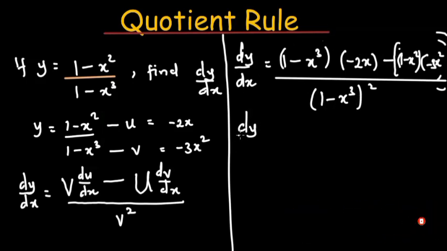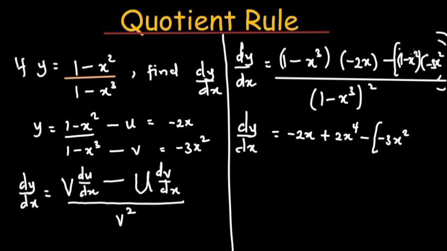So dy dx will be equal to, let's open this bracket with minus 2x. Minus 2x multiplied by 1 is minus 2x. Minus 2x multiplied by minus x cubed will be plus 2x to the power 4. Minus, likewise, we have minus 3x squared multiplied by 1, which is minus 3x squared.